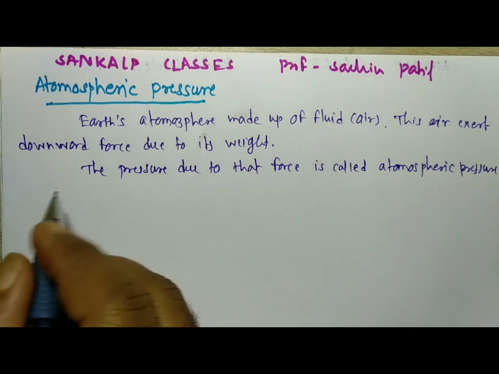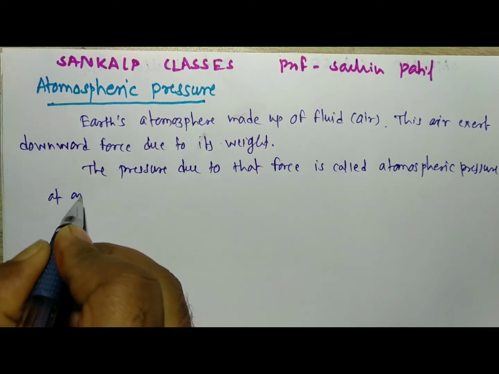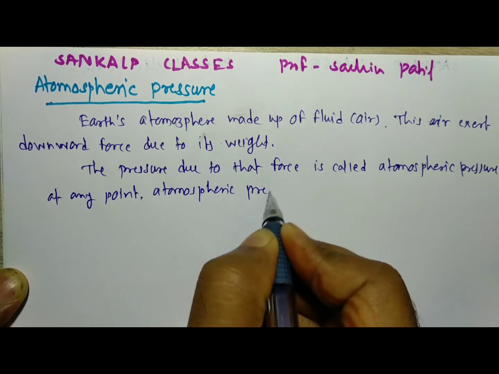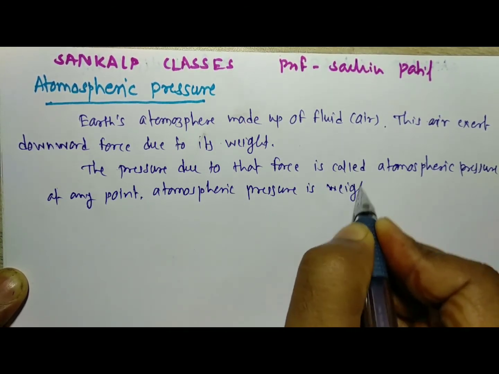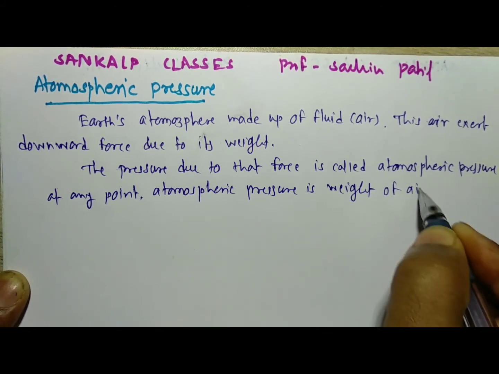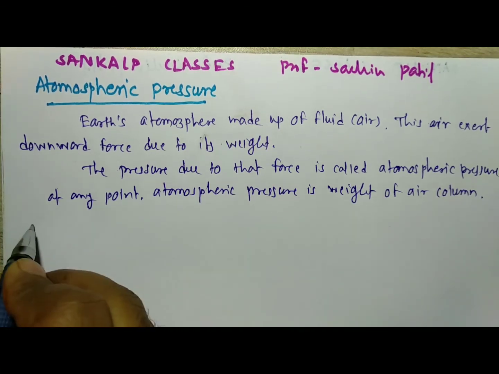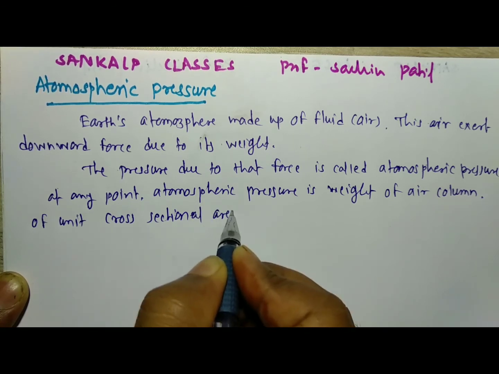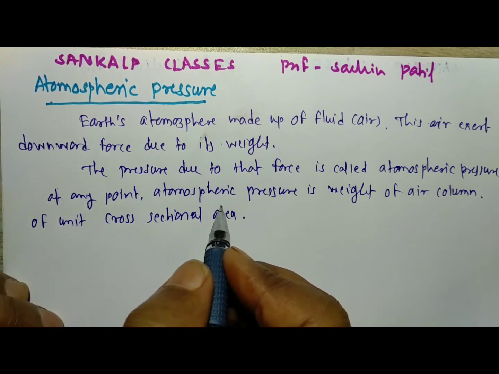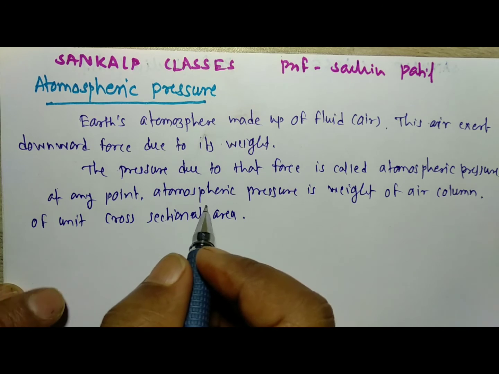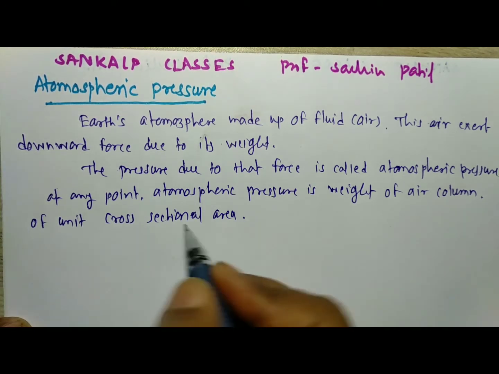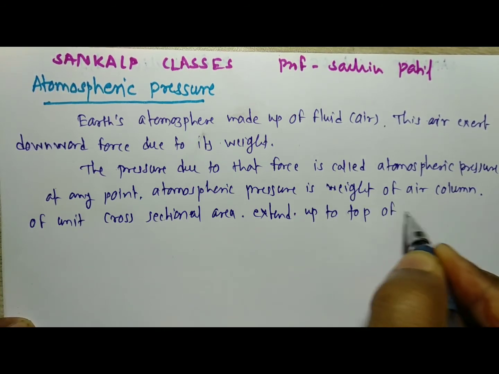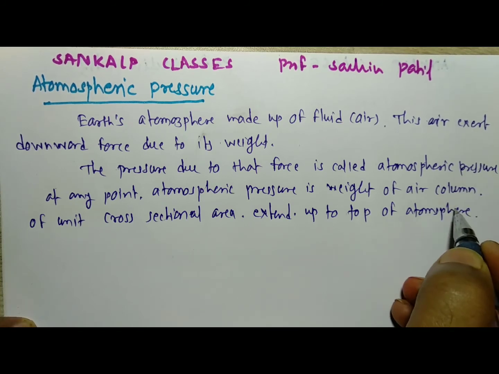Thus, we can say that the atmospheric pressure at any point is the weight of an air column of unit cross-sectional area, which starts from that point and extends up to the top of the atmosphere. What is the top of the atmosphere?